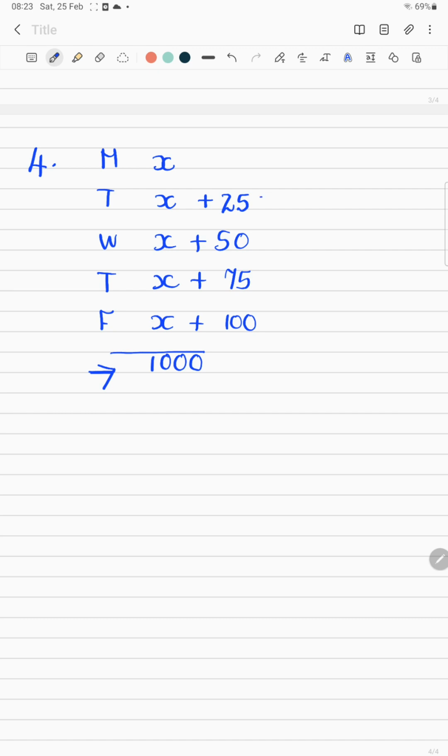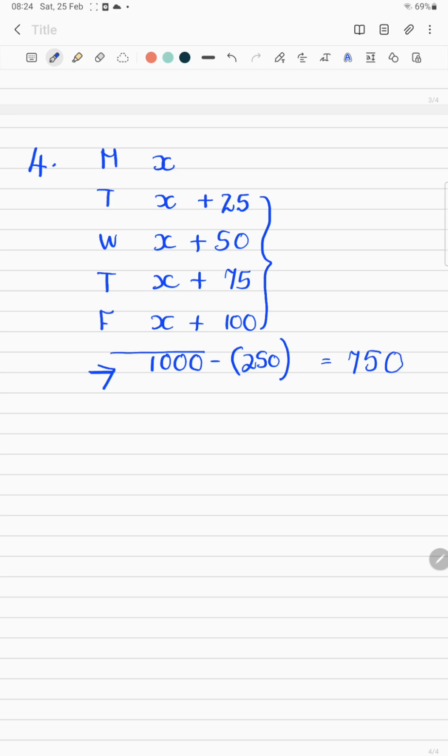So if we take away these extra eggs that were laid during the week, we can maybe get to the solution. So let's see what the total of 25, 50, 75, and 100 is. It's 100, 250. So that is 250. If I subtract the 250 extra eggs from the 1,000, I am left with 750.